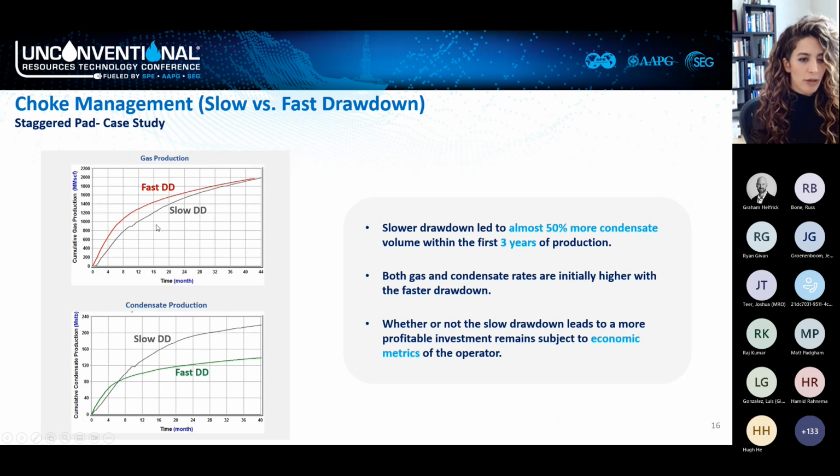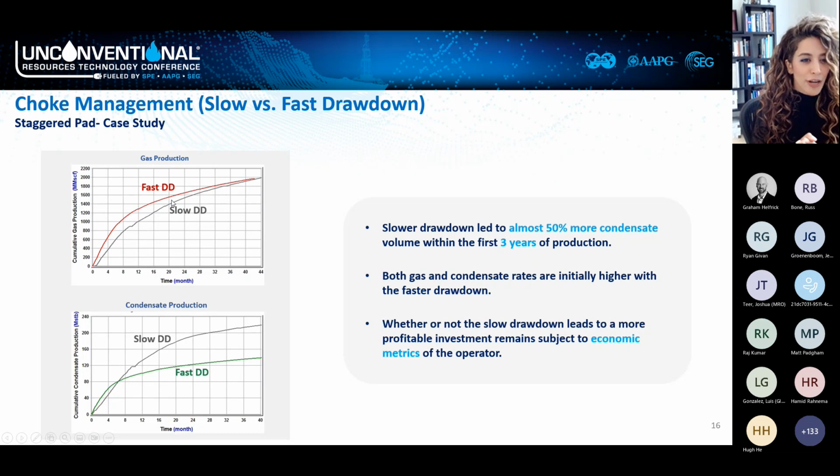However, the slow drawdown well, although it has a slower production of gas at the beginning, has a consistent, steady production of gas that does not slow down like that of the fast drawdown. And interestingly enough, in 40 months, it catches up to the gas production of the fast drawdown well.